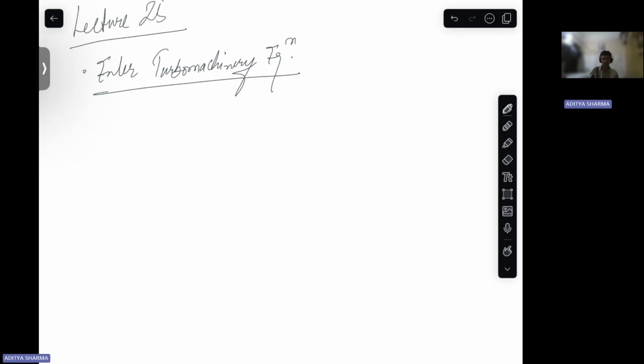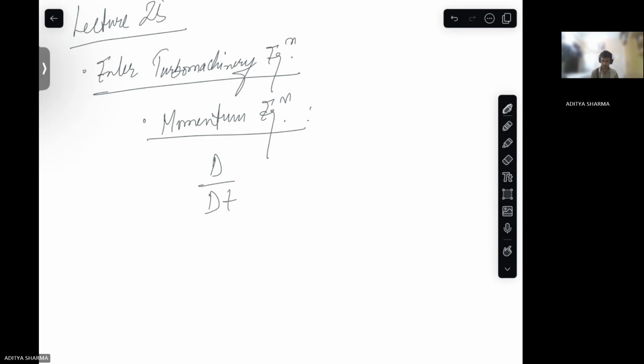Euler turbomachinery equation. So here first the momentum equation has been discussed, right? Which basically is the time derivative of your velocity vector and then your fluid element mass.